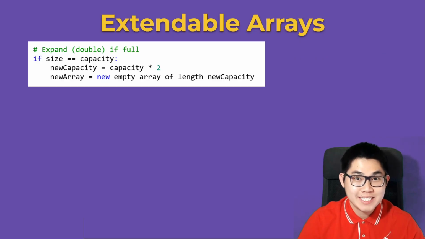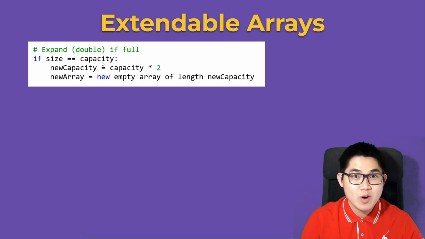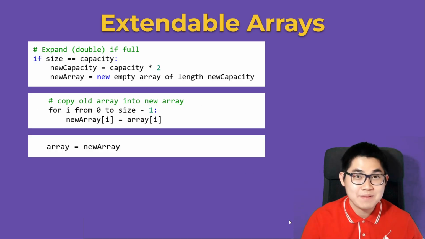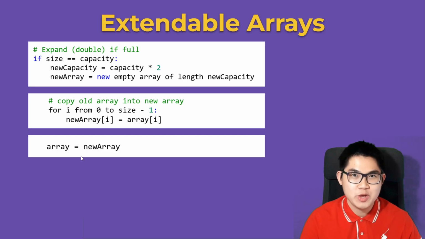Let's summarize our steps for insertion. If the array is full, or if the size is equal to capacity, then we're going to double the capacity, and that's what we're doing right here. Once we have our new array, we copy the content from the old array to the new array. The next step is we set our array to the new array, or point the array to the new array.